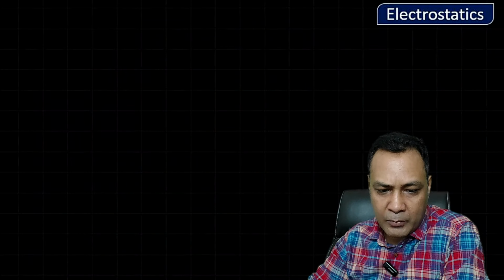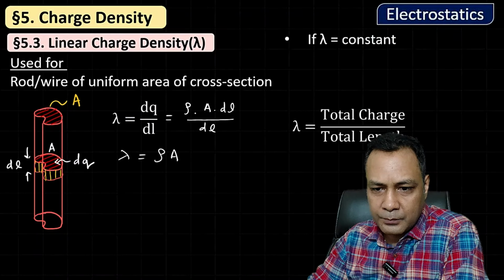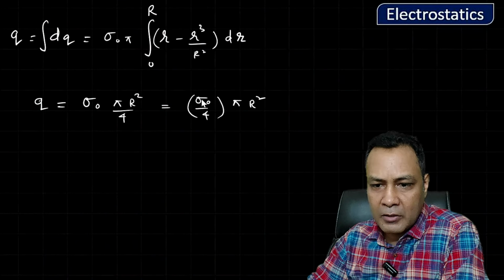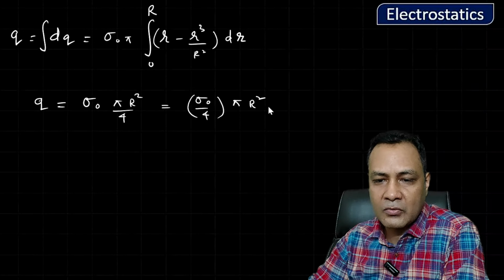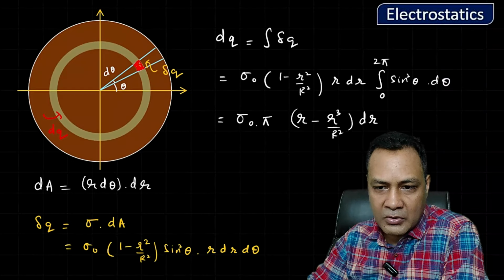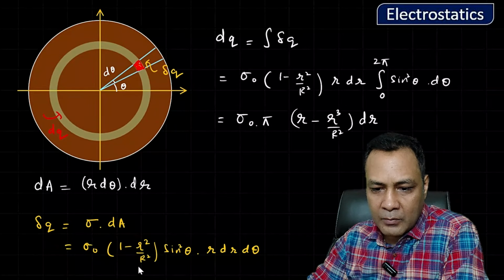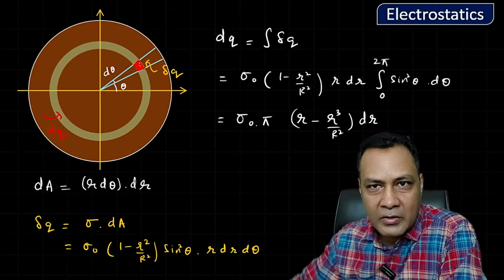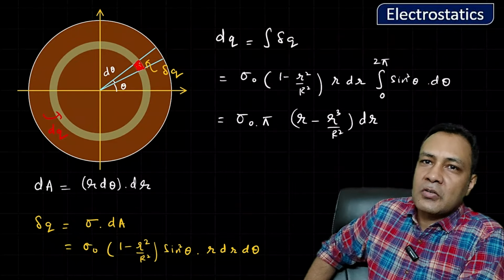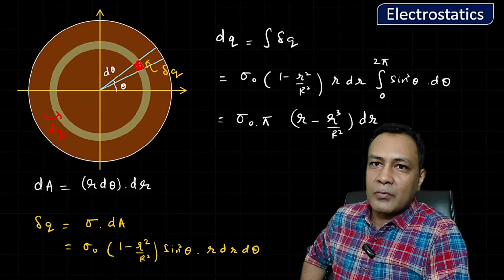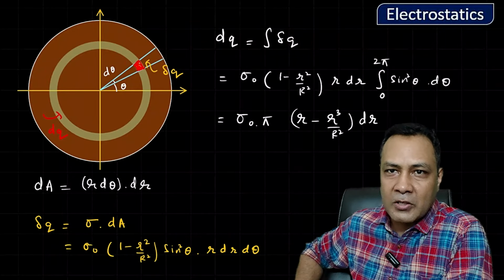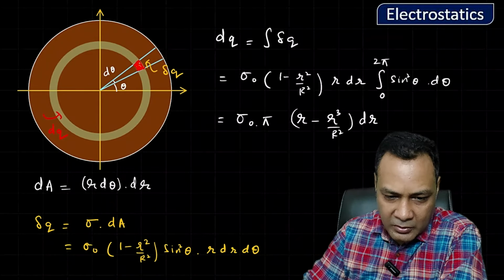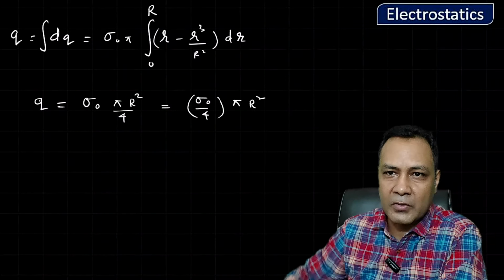And understandably, here the answer is sigma naught by 4 pi R square, and that is because here another term, sine square theta, also comes in sigma, that makes the average further reduced by a factor of half, because the average of sine square theta over 0 to 2 pi is 1 by 2. So that is the answer for this.